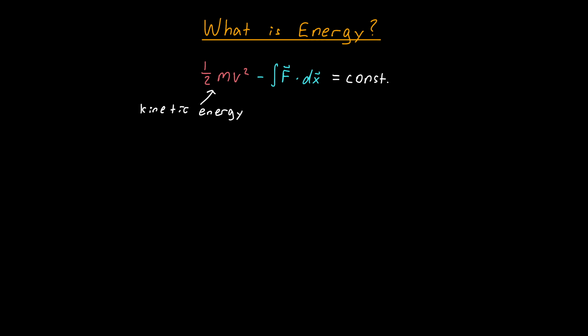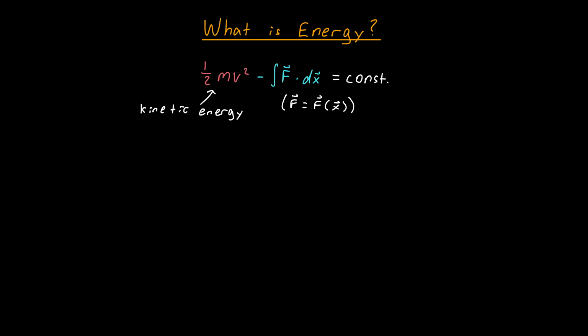Now, on the other hand, the second term, which involves integrating your forces with respect to the position of your system, doesn't have as clear-cut a definition because it can vary with what those forces and interactions actually are. One scenario in which there is a clear-cut interpretation to this term is when your force is just a function of the position of your system, so I'll write F equals F of x.